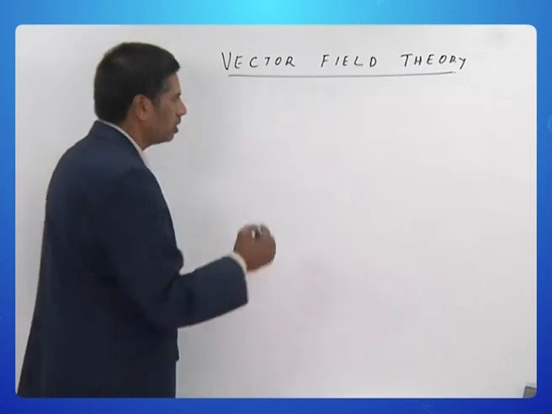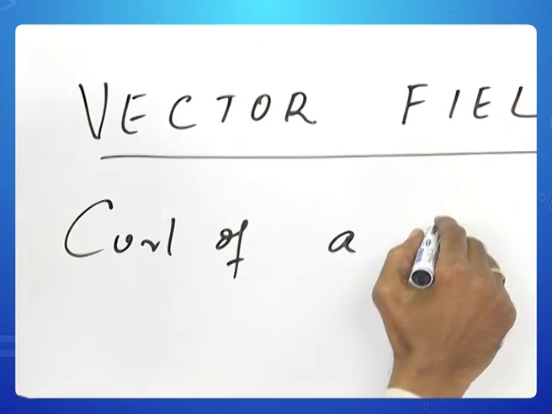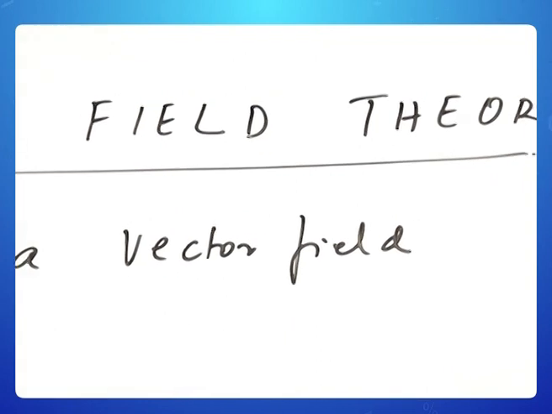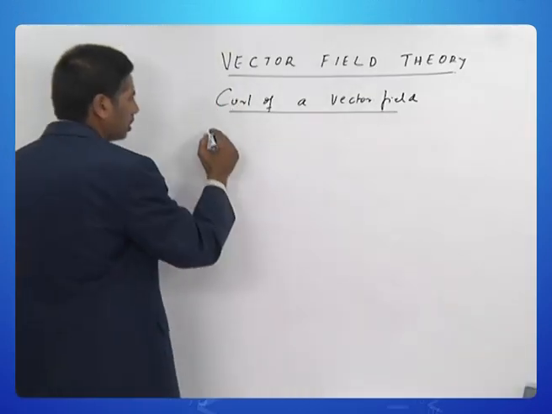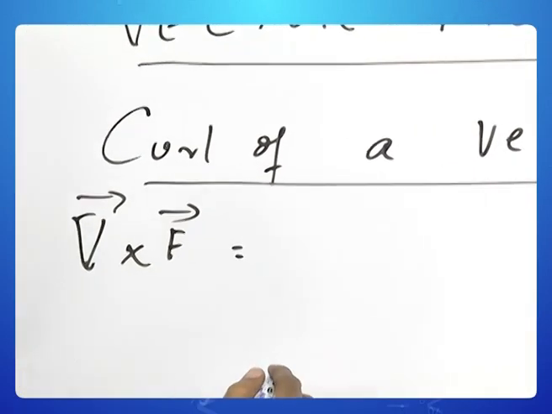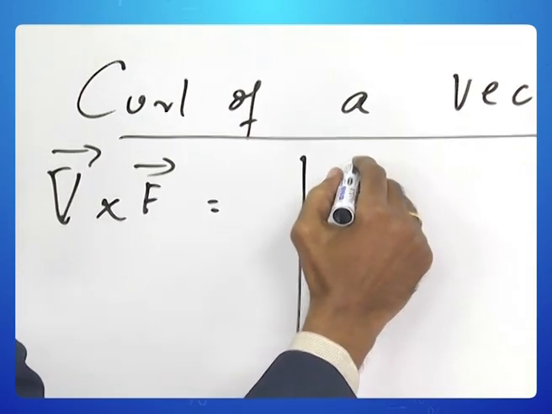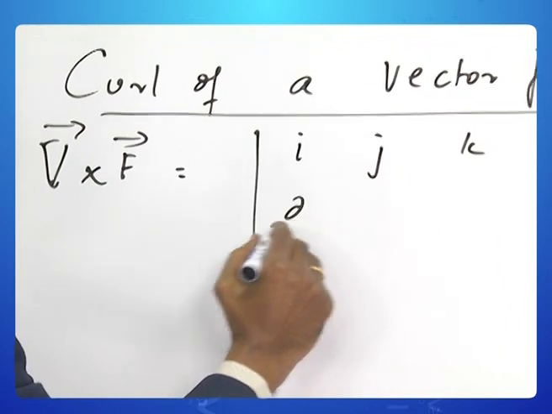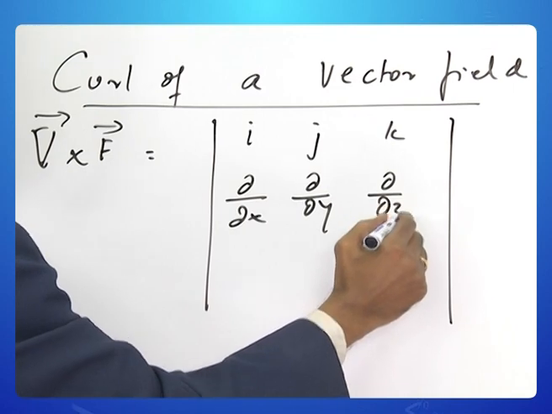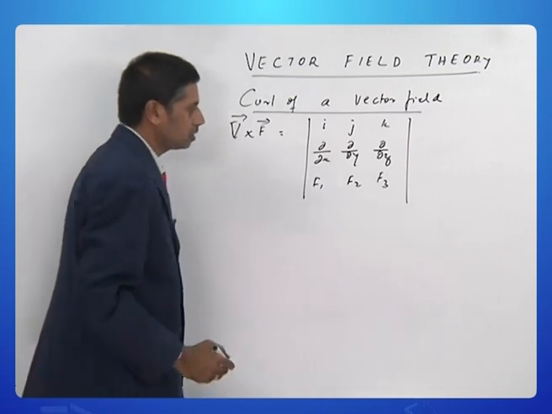The curl of the vector field is del cross f is equal to the determinant ijk, dou by dou x, dou by dou y, dou by dou z, f1, f2, f3.